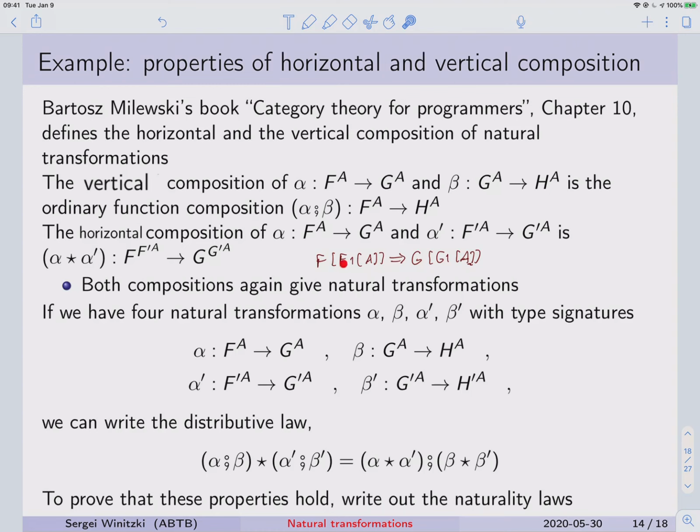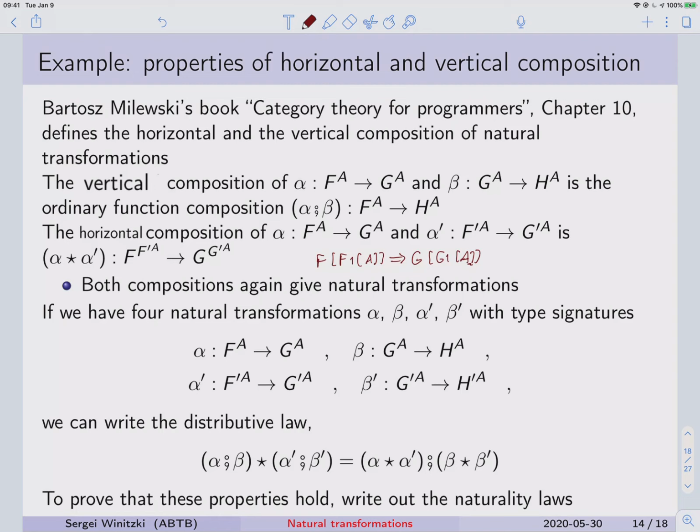You first, you know how to transform f1 to g1, that's the alpha prime. And then you just map it over f, so you have first f of f1 to f of g1, and then you transform f to g, so you get g of g1. So a programmer would have no trouble implementing such a function. So let's write the formula. So first you transform, or you can first transform f to g.